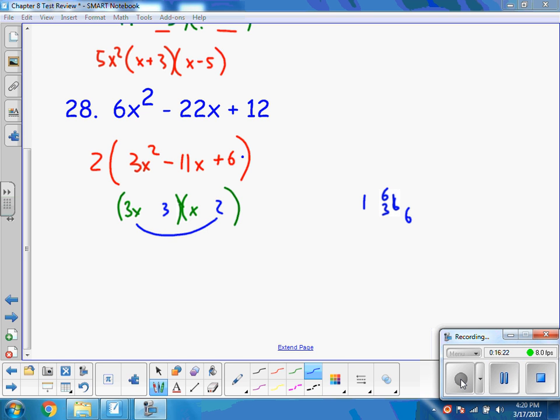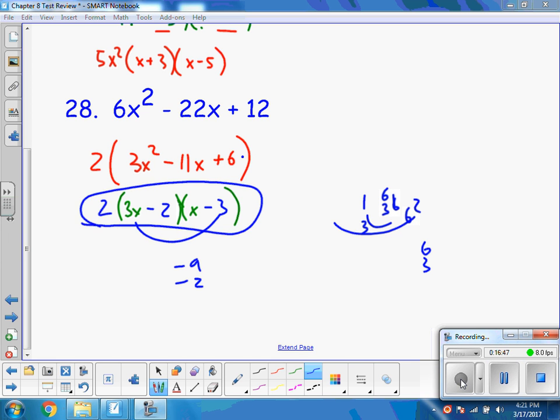So this gets me to 6. This gets me to 3, which is 9, which is not helping. Okay, so let me try a 2 and a 3. That's 9, and that's 2, 9, 10, 11. Here's my 11. It needs to be negative 11, and the only way that can happen is by a negative and a negative. So that tells me that has to be negative 2, and that has to be negative 3. And there is my answer.